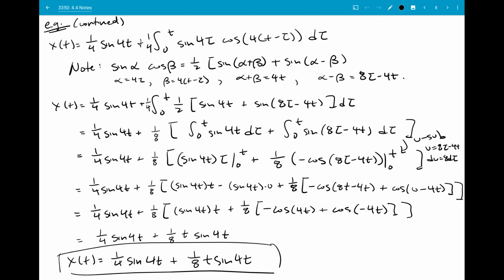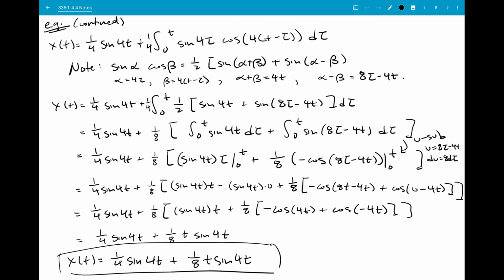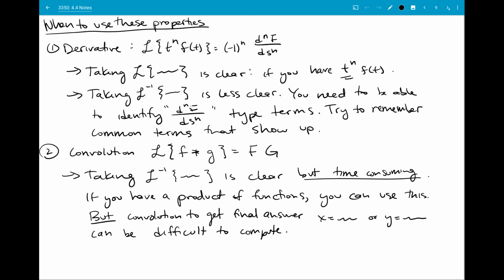And so showing that in the example we just did, there was a product of two functions. It could have been any product of two functions, and we would have been able to use the convolution property. And we can write down right away that it's a convolution. We can write down the definition, but actually taking that convolution can be a time-consuming process, lots of calculus tricks, especially as the functions become more complicated, the convolution becomes even more complicated.